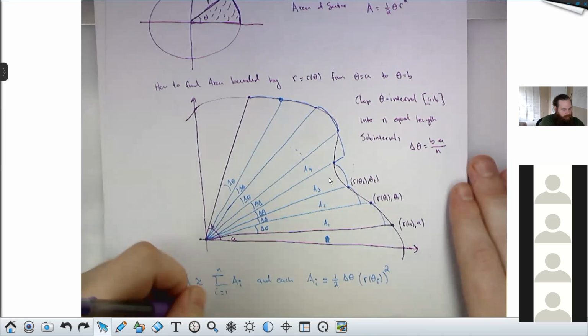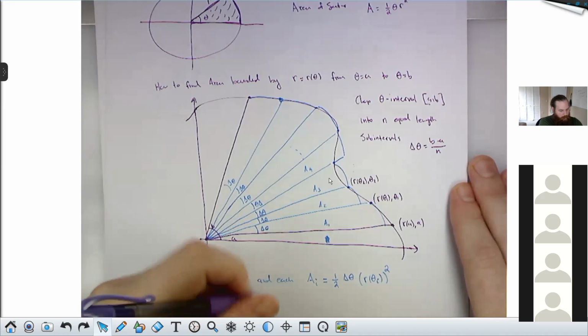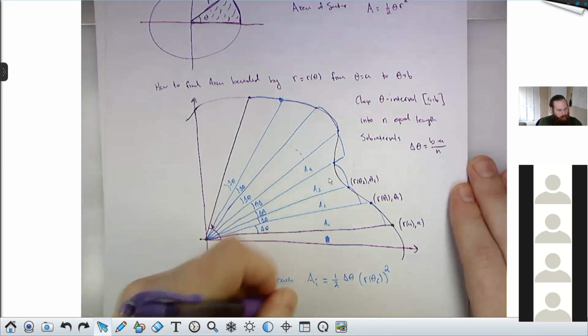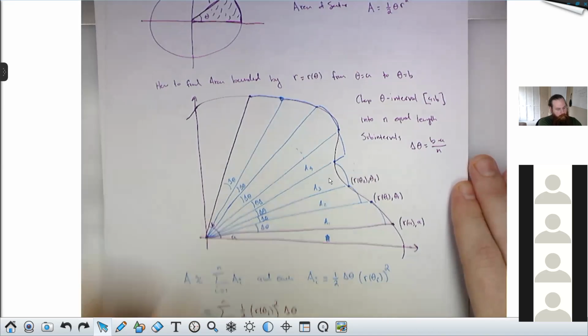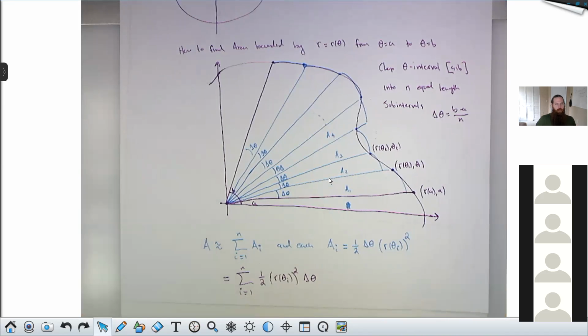So this area can be written as the sum from i equals 1 to n of 1/2, r of theta i squared, times delta theta, which is a Riemann sum for a certain integral.